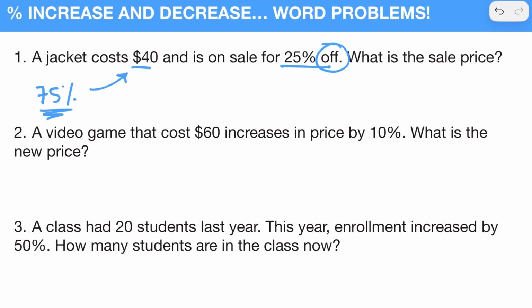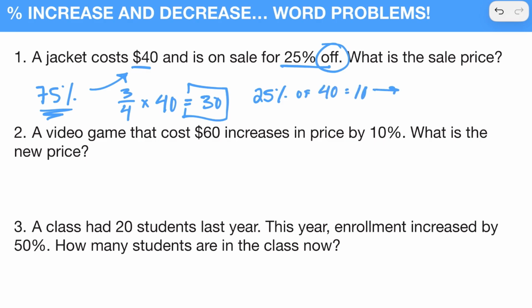The first way is 3/4 of 40 is just 30. And that's your answer. Another way that you can think about this is 25% of 40 is equal to 10. And if we're going to take that off, it's going to be 40 minus 10, which also gives us 30. You can think about it both ways.